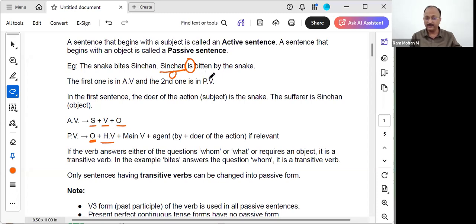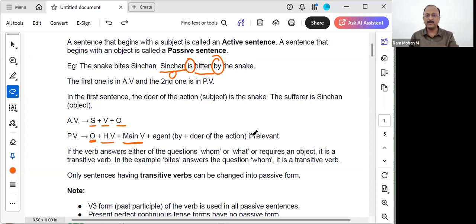And followed by the main verb, bitten is the main verb, correct? And then the agent, by, we'll write, then the doer of the action. Wherever applicable, we'll write the doer of the action. In some cases, this is not required also. This is the basic structure.